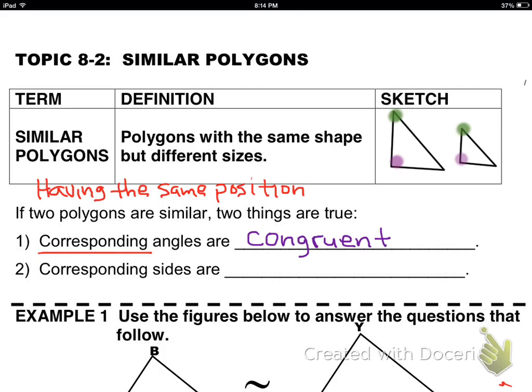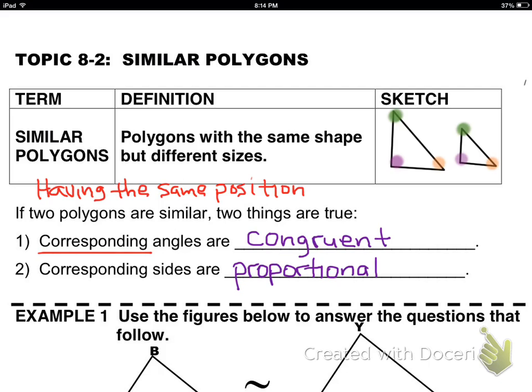The same can be said for the two green highlighted angles and the two orange highlighted angles. But what we say about corresponding angles, that they are congruent, cannot be said about corresponding sides. But corresponding sides in similar figures are proportional.